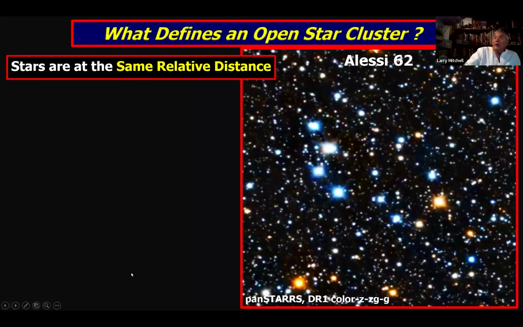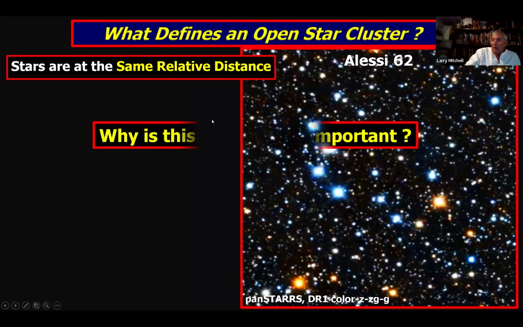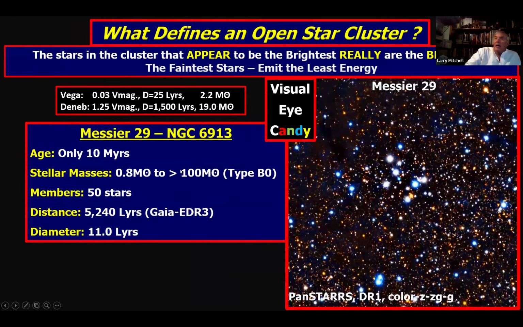All right, another aspect: what defines an open star cluster? Stars are at the same relative distance. They would have to be if they're formed out of the same cloud. And why is this particularly important? It's hugely important because the stars in the cluster that appear to be the brightest really are the brightest stars.